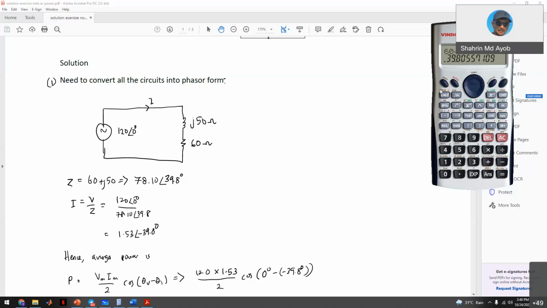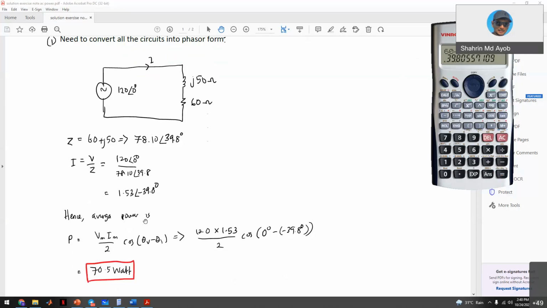So from this we will obtain the current. The current is 1.53 with an angle of negative 39.8.